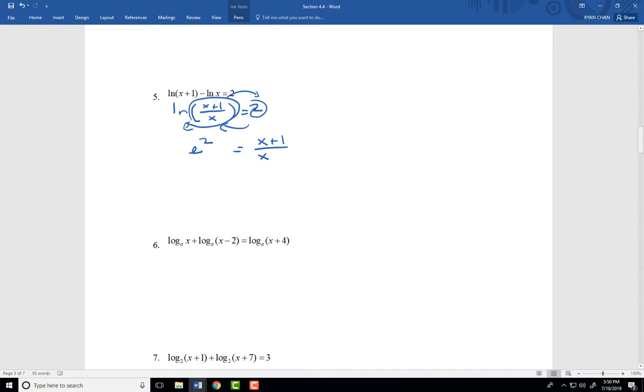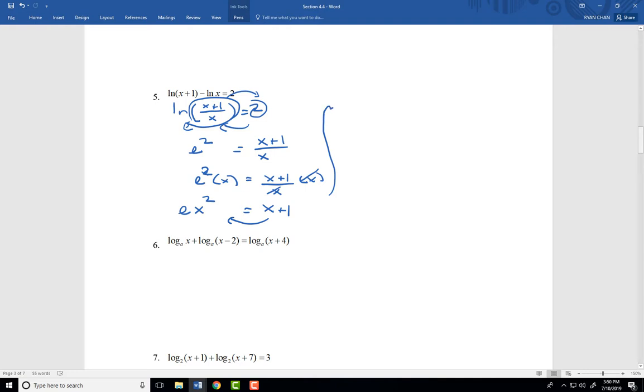So let's talk about how I solve for it. What I'm going to do is multiply both sides by x. This cancels. Remember, I want all the x's on one side, so I'm going to subtract.